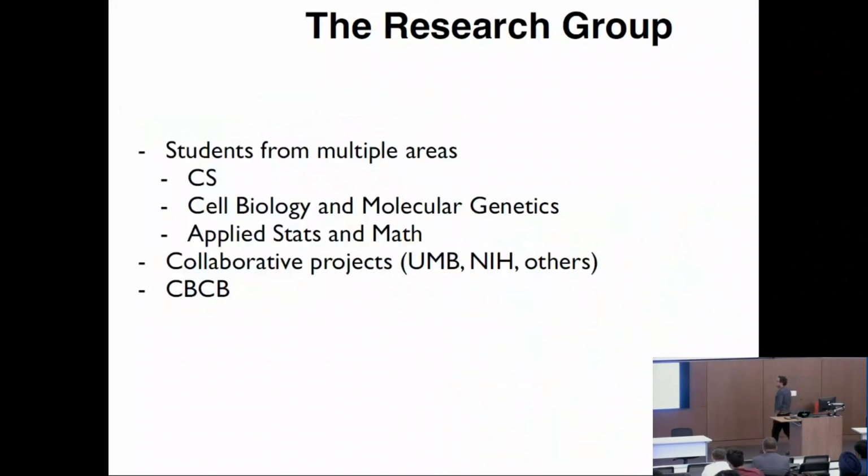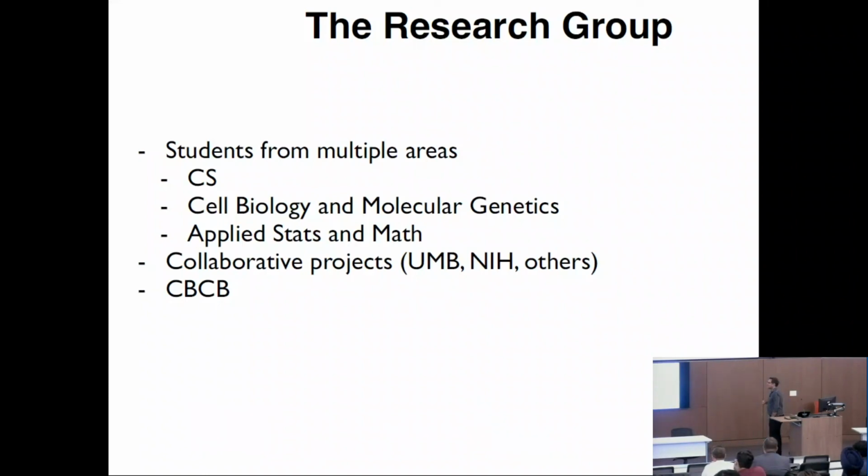So the research group that I try to put together to build these kinds of tools requires students who are interested and passionate about data analysis and the inferences that we make from data analysis and how that affects biology and neuroscience, passionate about building systems, and passionate about building statistical methods to derive those inferences.